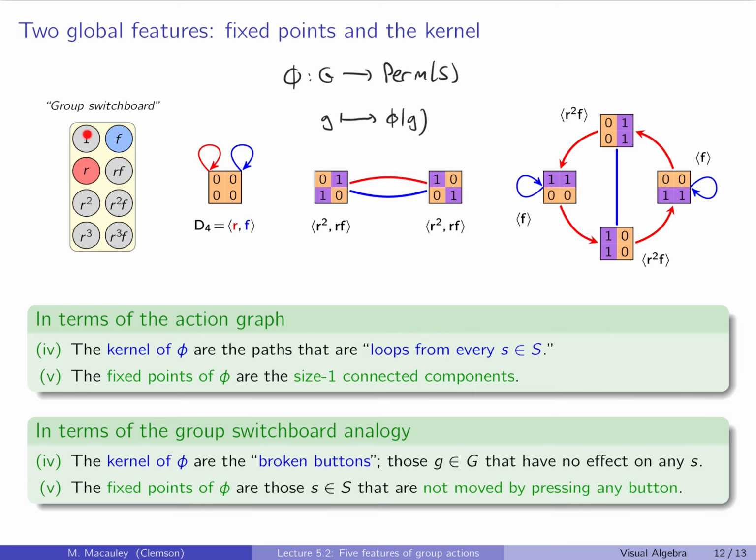So when I press the identity button, nothing moves, and that button is broken. But none of these other buttons are broken. When you press them, something else is going to move, so the kernel here is just trivial. And then the fixed points of this are the set elements that are never moved by pressing any button. So you can hit these buttons as much as you want, and sometimes this will move over here, this might move over here or something, but this will never move no matter how you press any of the buttons.